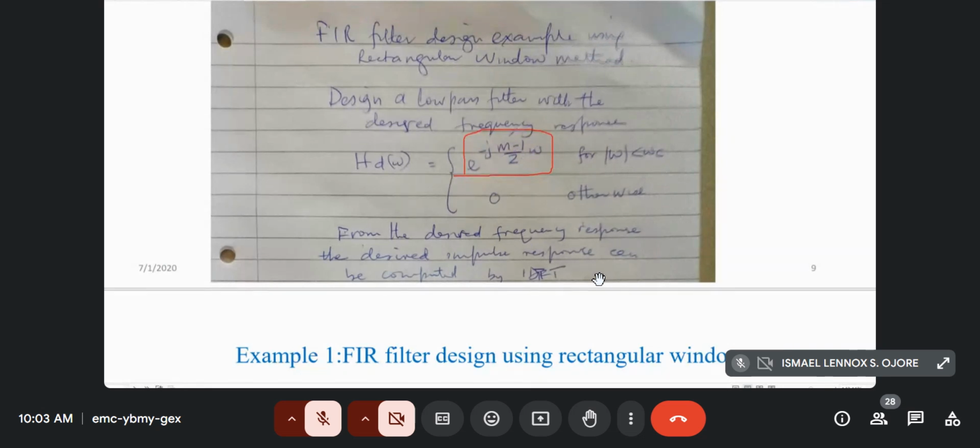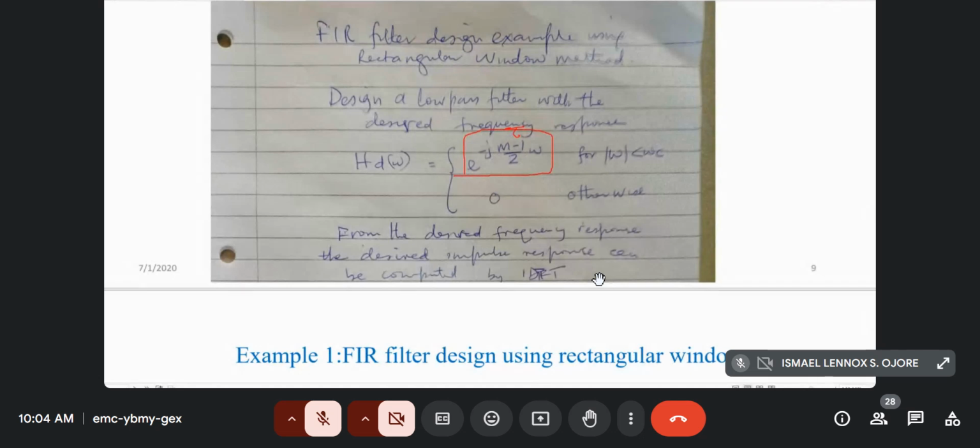Here, some books will call it tau, and it will be e to the minus j omega tau, where tau is (M minus 1) over 2. So deliberately in this example we chose (M minus 1) over 2.